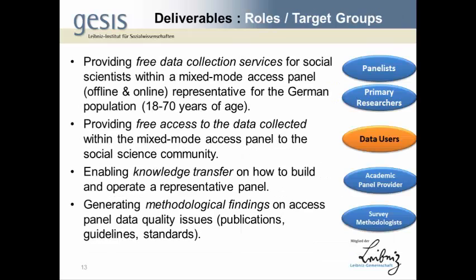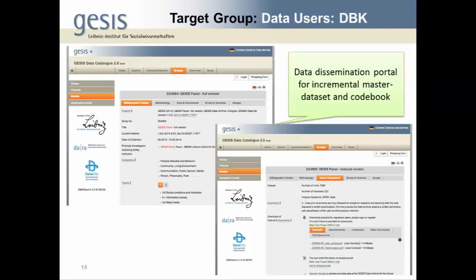Okay, the next thing I wanted to show you briefly is how to access the data. How to retrieve the data or use the data, because we have various data sets and not each and every data set can be easily downloaded, for obvious reasons. We're using an infrastructure here in the GESIS archive, which is called the DBK, in German Datenbestandskatalog.